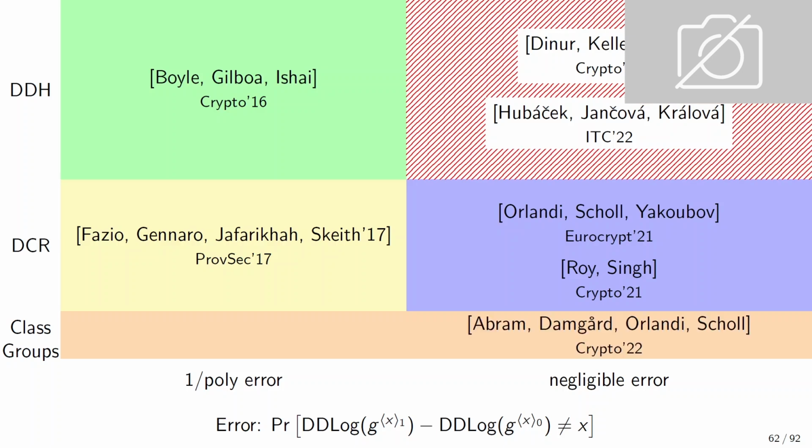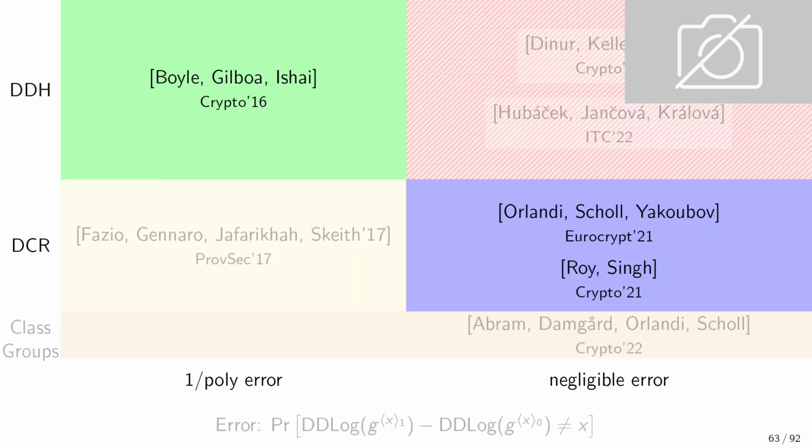And finally, I'll also mention that there was a similar extension to an assumption based on class groups, or imaginary class groups. Okay, so in what time I have left, I will focus on the constructions in the DDH and DCR groups.